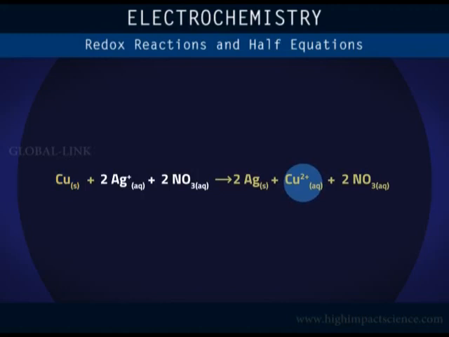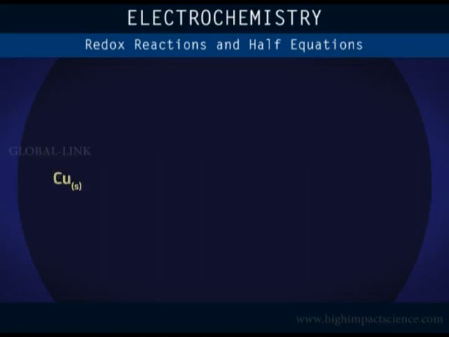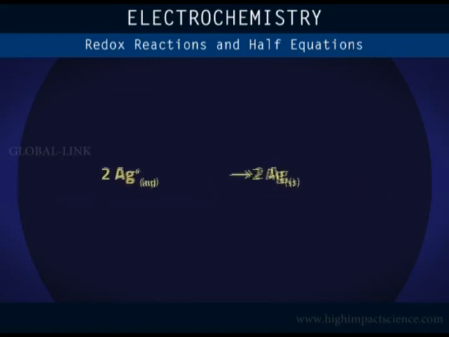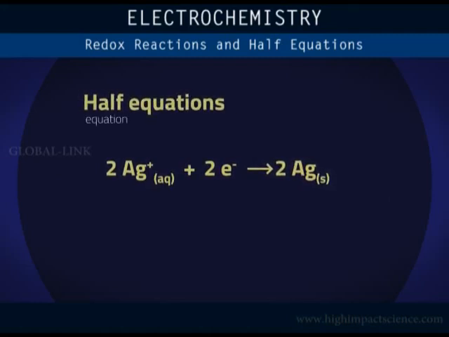If we take out this half reaction, we now have a half equation. The silver ions have gained electrons to become reduced, represented by this half equation. They are called half equations because each represents half of the redox reaction.